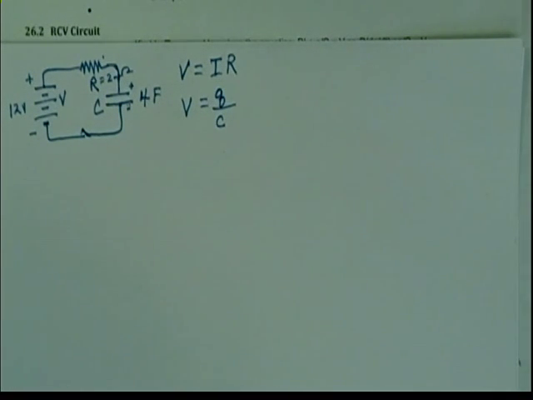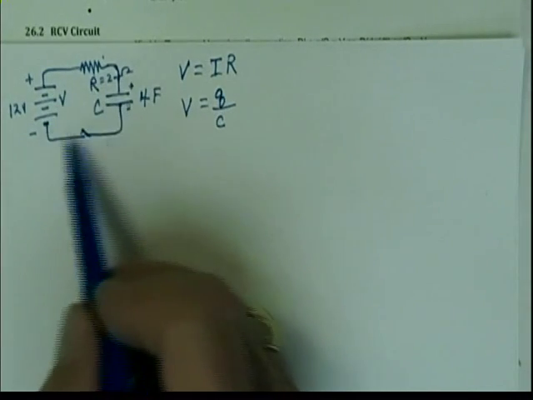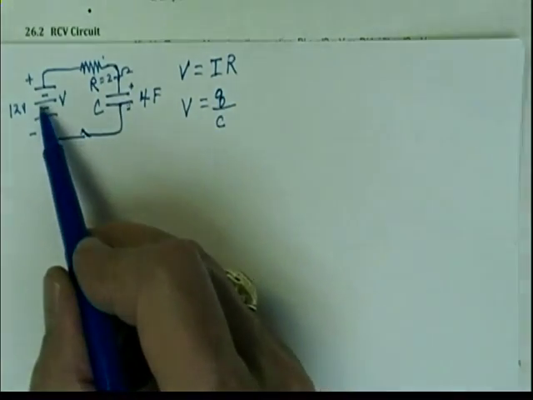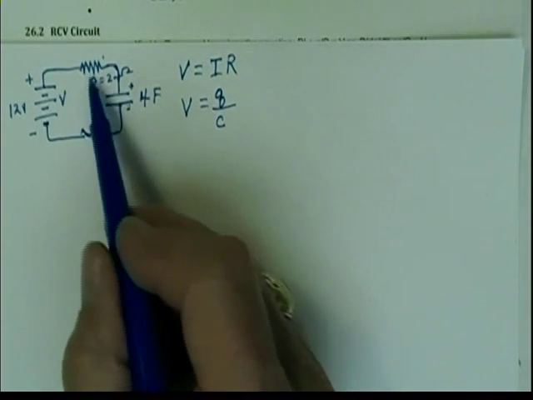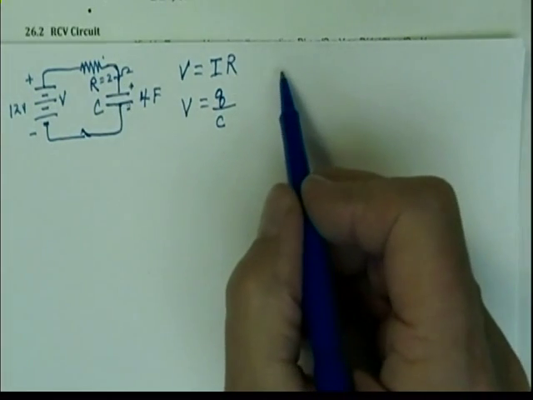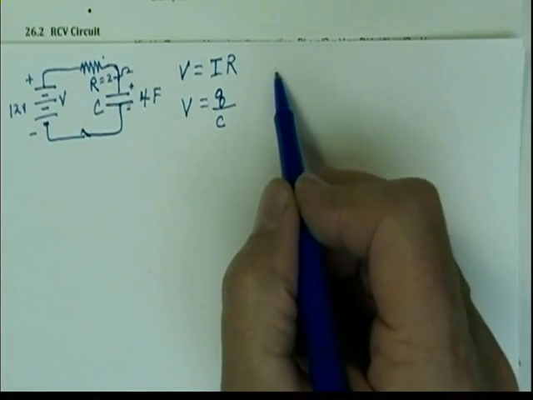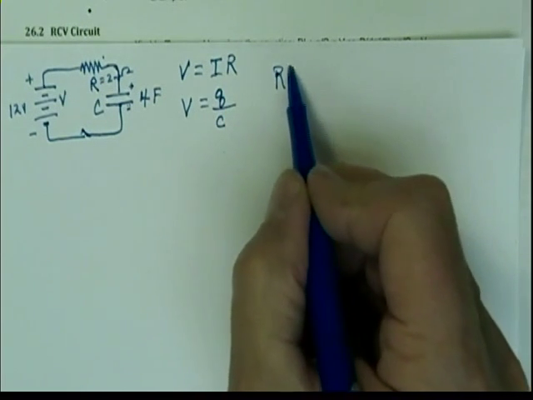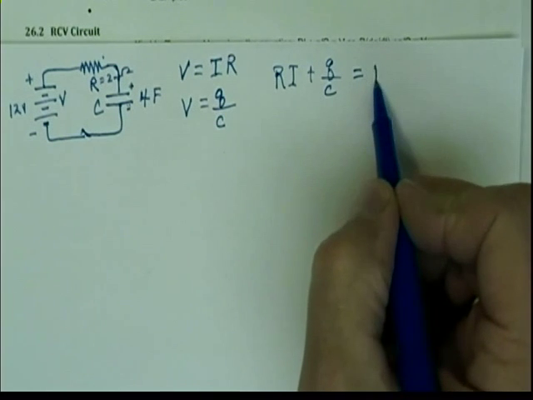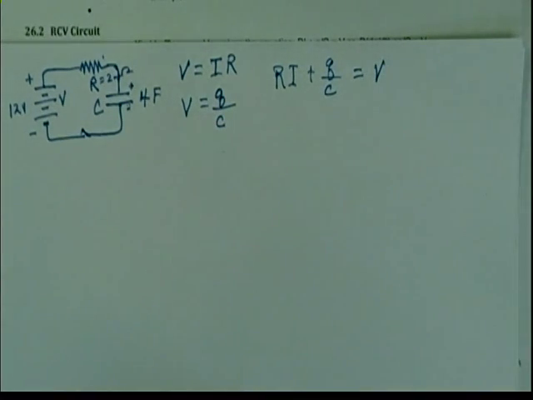Now, as I think about this and add these up going around this circle, I basically have the fact that this plus this, where these two are negative, is going to be 0. Well, I can take these two voltages and move them to the other side, and I would end up with R times I plus Q over C is equal to the voltage V.